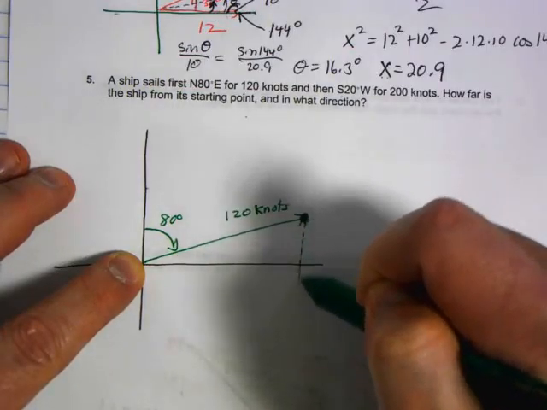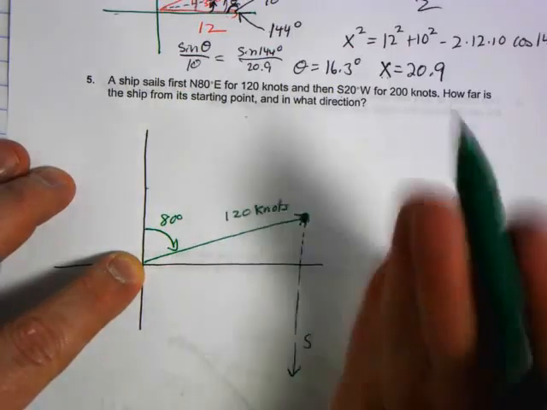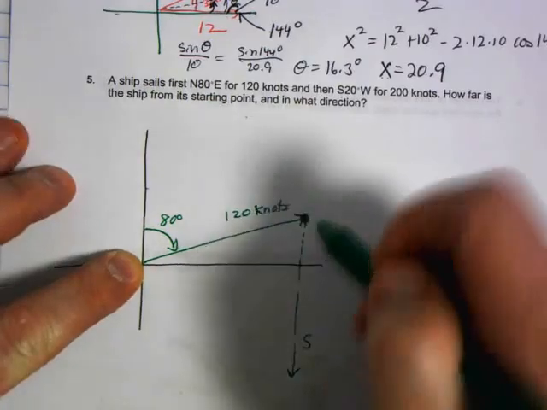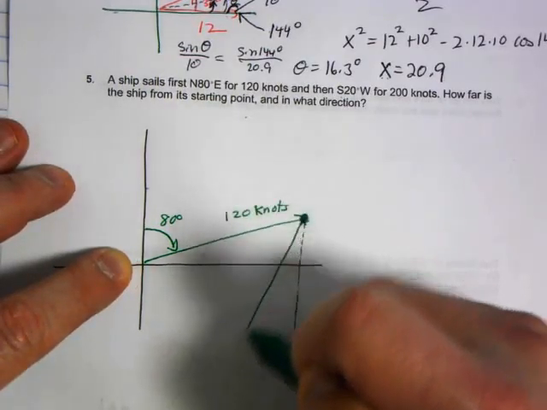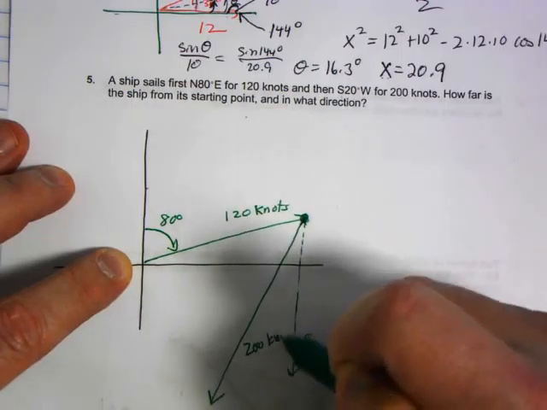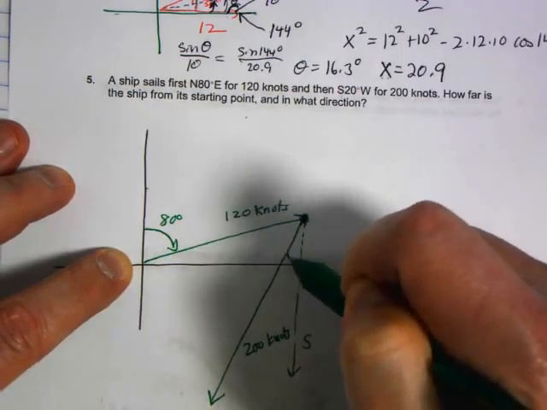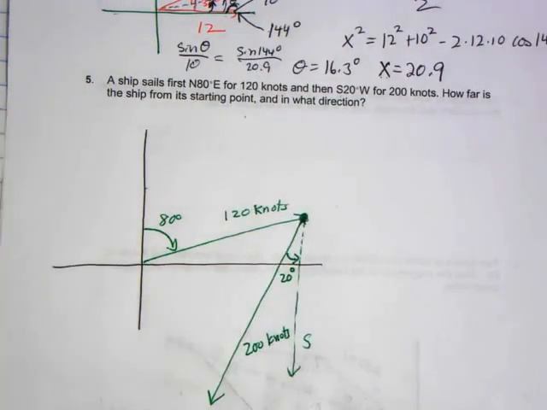Here's due south. 20 degrees to the left of that, because west is to the left. So the ship is now going this way for 200 knots, and this angle in here is 20 degrees.